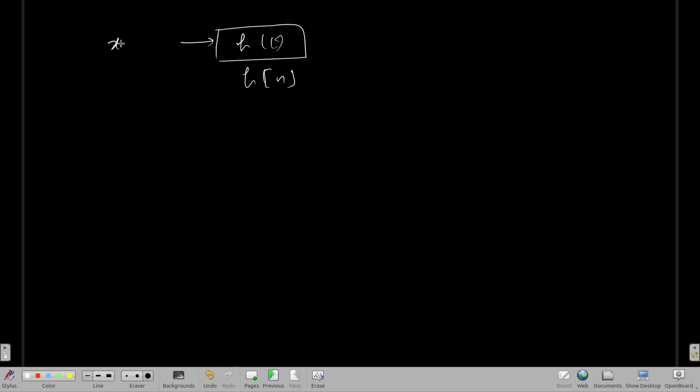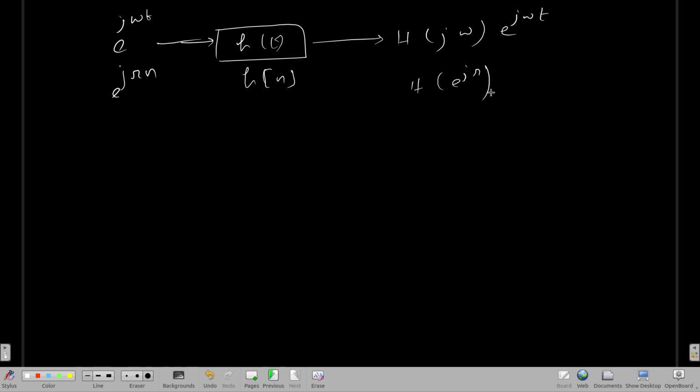We give an input e to the power of j omega t or e to the power of j omega n, and we get an output which is H of j omega times e to the power of j omega t or H of e to the power of j omega times e to the power of j omega n, and these terms we defined as the frequency response.